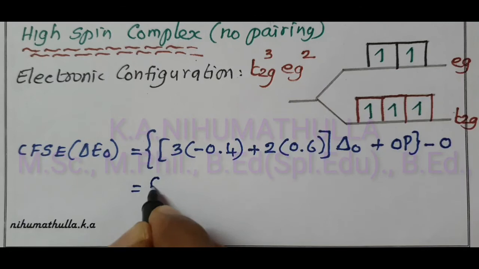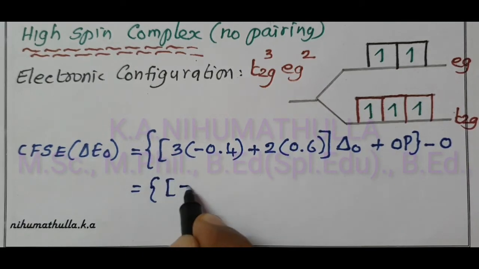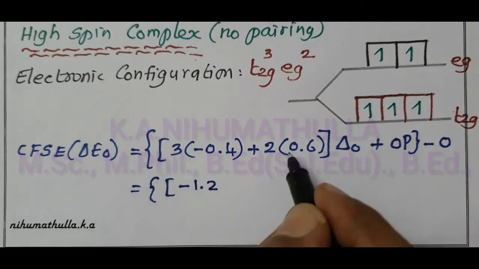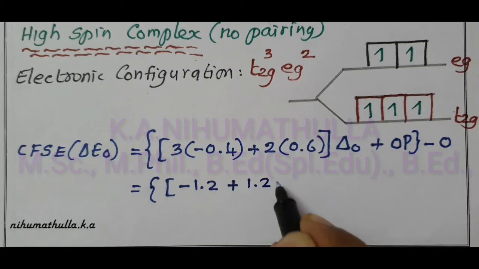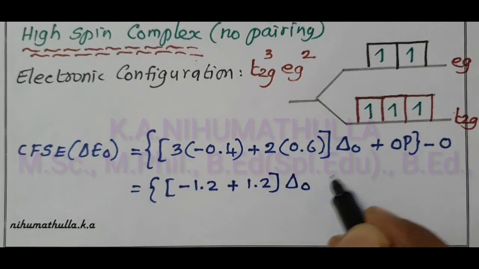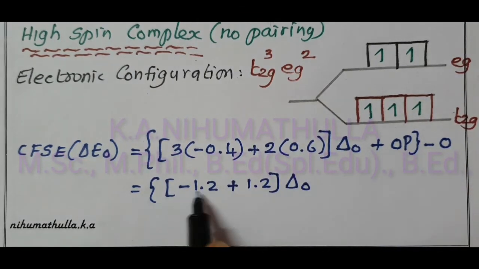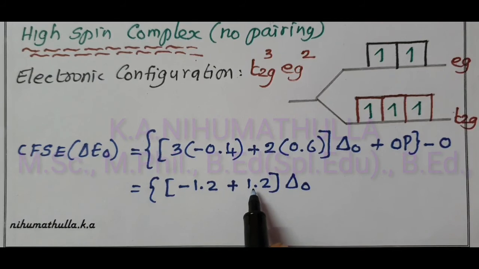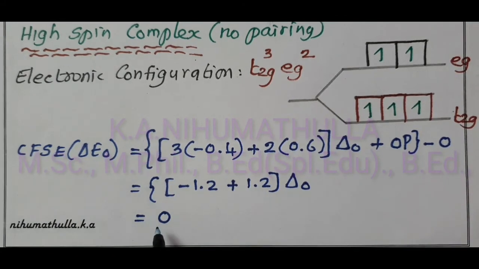When you multiply 3 into 4 is 12, minus 1.2; 2 into 6 is 12, plus 1.2, into delta octahedral. All these quantities become 0 minus 1.2 plus 1.2, equal to 0. Therefore, the crystal field stabilization energy for the high spin complex is 0.